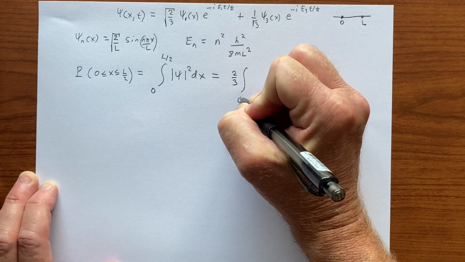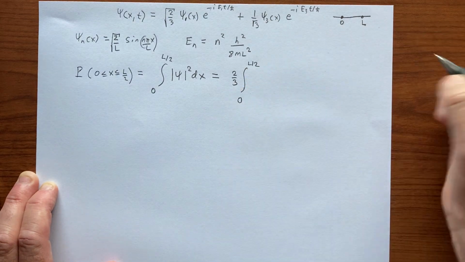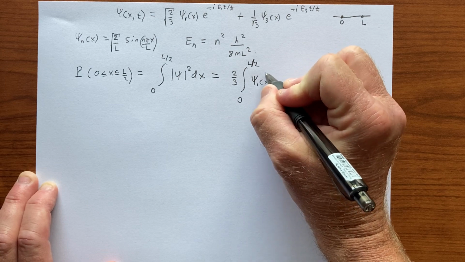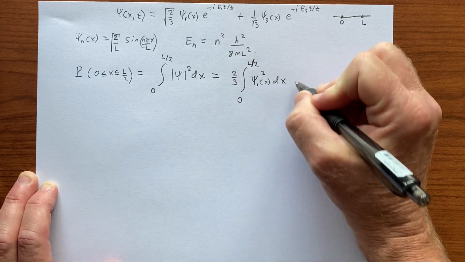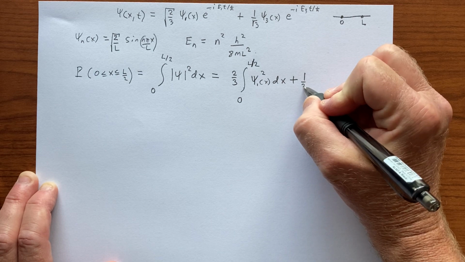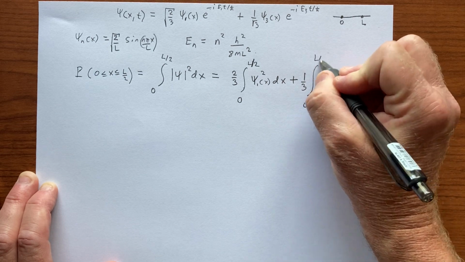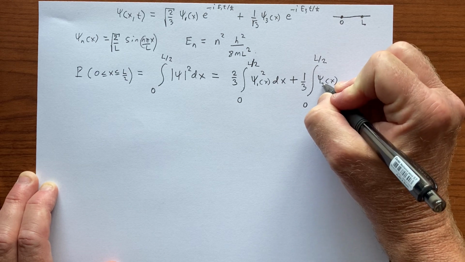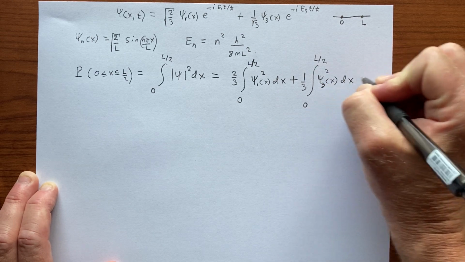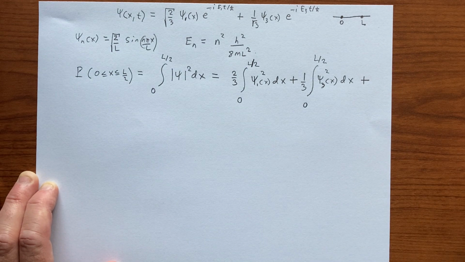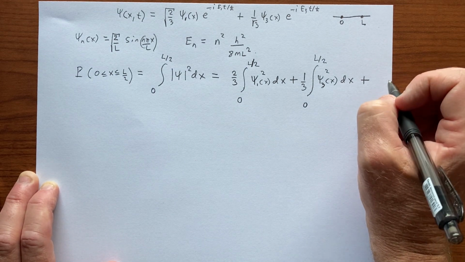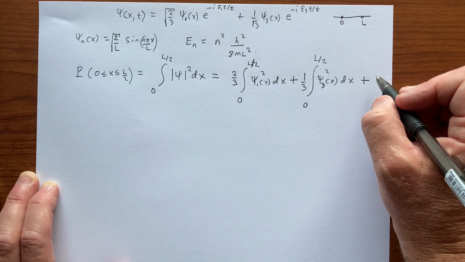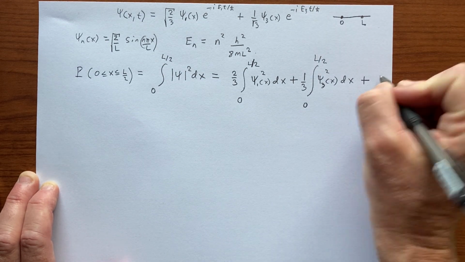So we would end up with 2/3 integral 0 to L over 2 of psi 1 of x squared dx plus 1/3 integral 0 to L over 2 of psi 3 squared dx plus 2 terms that involve non-zero time-dependent terms.